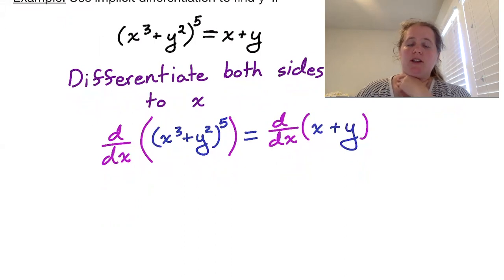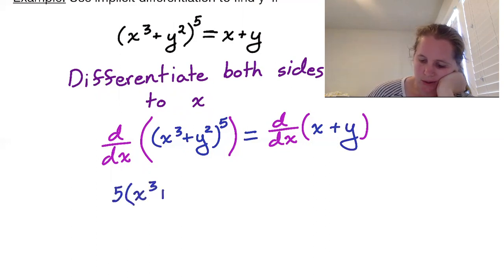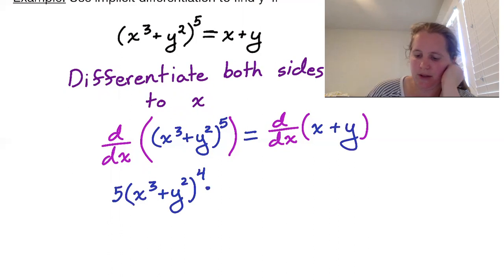From here, we have a chain rule on the left-hand side, or a generalized power rule. The outside function is raising to the 5th. So this will become 5 times (x cubed plus y squared) raised to the 4th, and then we should multiply by the derivative of x cubed plus y squared.